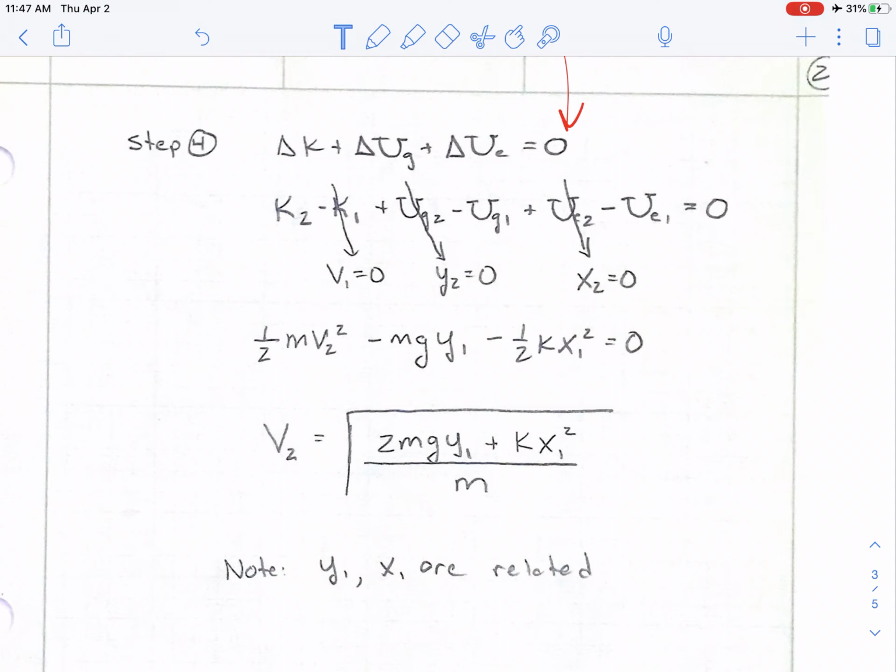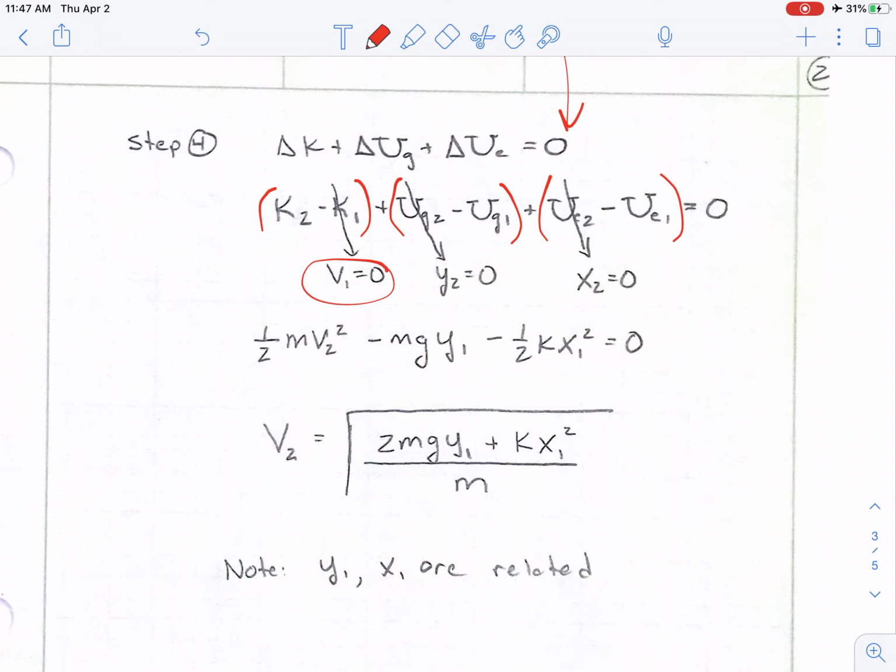Be careful with the signs. The initial ones are going to have negative because change is final minus initial. That's why we have it in this form. So again, this is our delta K, and this is delta UG, and this is delta UE, okay? Final minus initials.